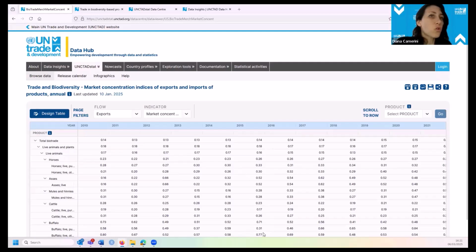A value closer to 1 means the imports and exports, or in this case, the exports, are very highly concentrated around a few economies. The other way around, a value close to 0 means that the exports of a product are very much diversified, meaning that these products are basically spread around the world.